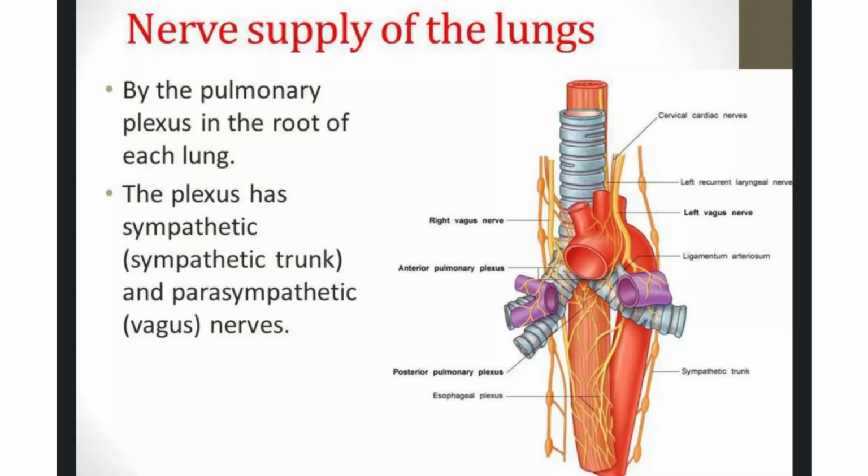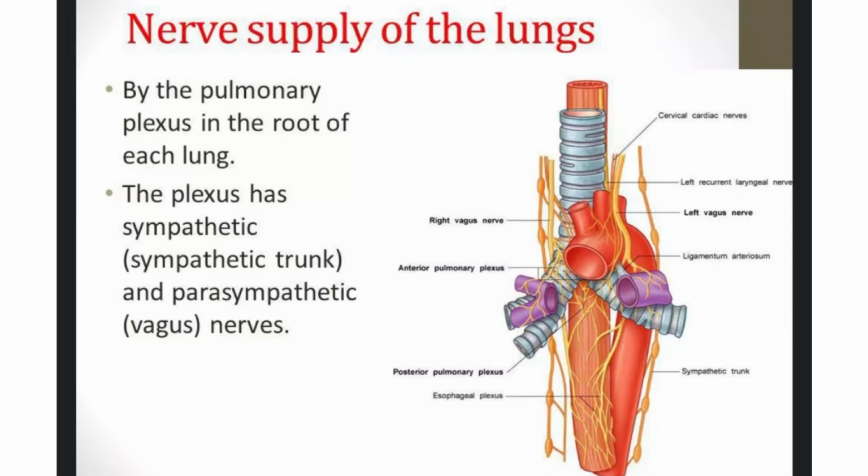The nerve supply of the lungs includes the parasympathetic nerves and the sympathetic nerves. The parasympathetic nerves are derived from the vagus nerve, while the sympathetic nerves are derived from the second to the fifth sympathetic ganglia. So that's all for the vasculature: the arterial supply, venous drainage, lymphatic drainage, and nerve supply of the lungs.